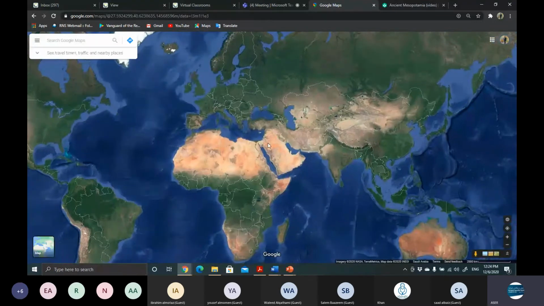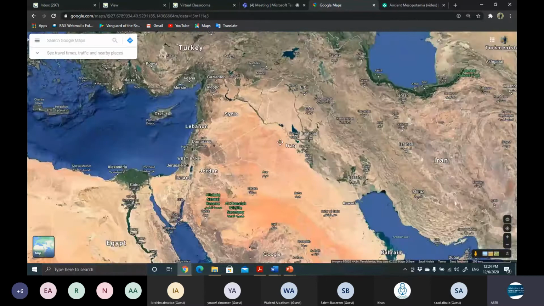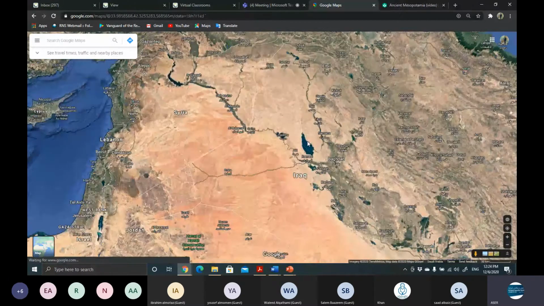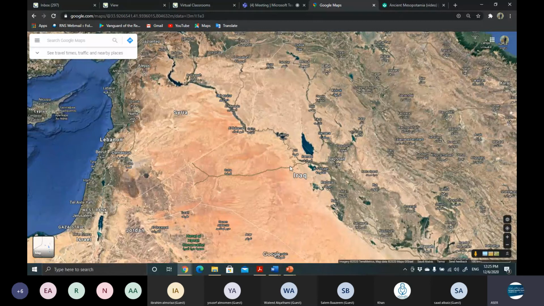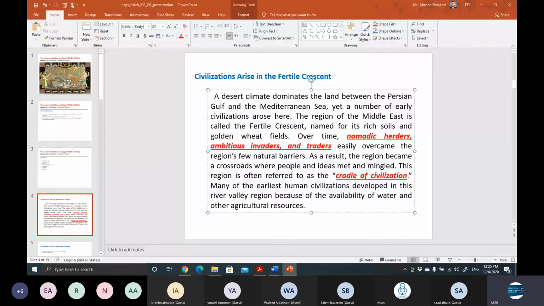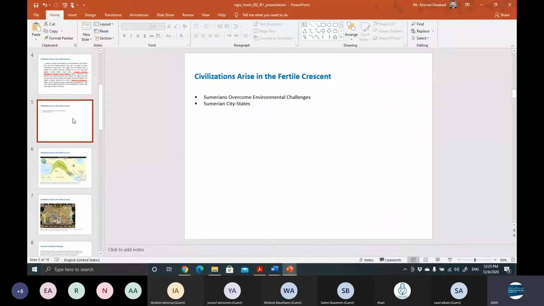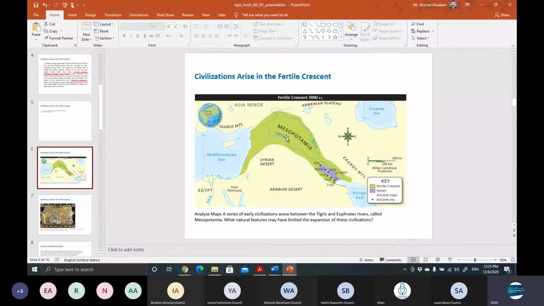And because this place held the features for civilization, which is the fertile land along the two rivers, the Tigris and the Euphrates, they started to settle down. And after settling down, they started to have their own civilization.